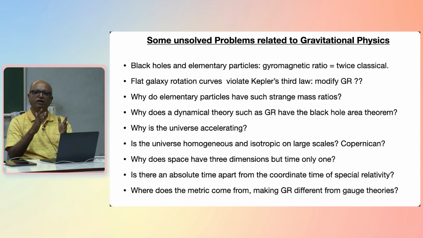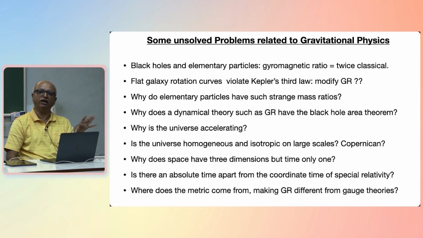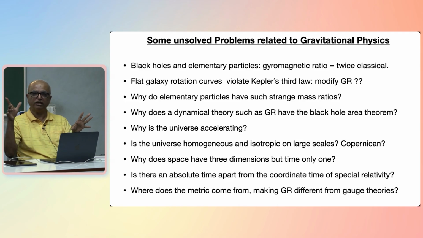Chiral meaning left-handed or right-handed, there is a way to define it. So, that is very, very interesting. You do not need both the left-handed and right-handed parts of the connection to derive general relativity. You need only one half of it. So, we try to write GR as an SU2R gauge theory. The weak force is an SU2L gauge theory.